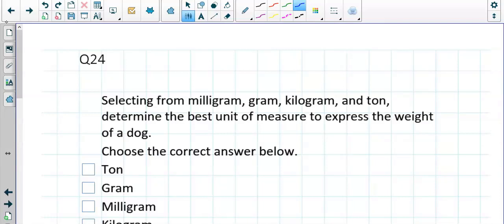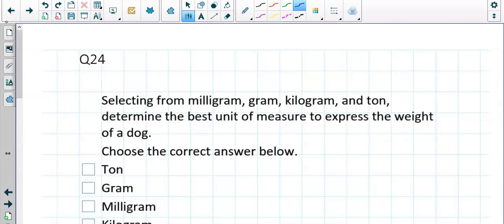A kilogram, I want you to think about those are kind of like pounds. Grams would be less than a pound, like maybe, well, let me explain milligrams, and then grams fall somewhere between the pound and the milligrams. Milligrams are really, really small.